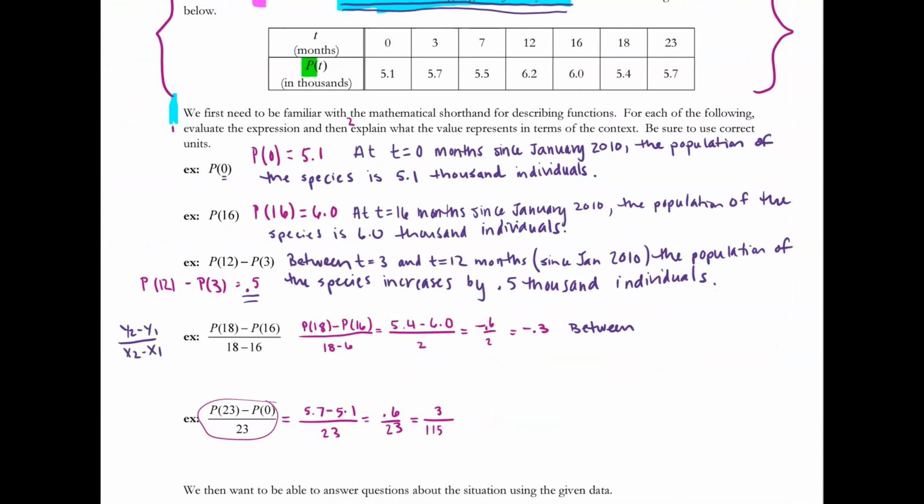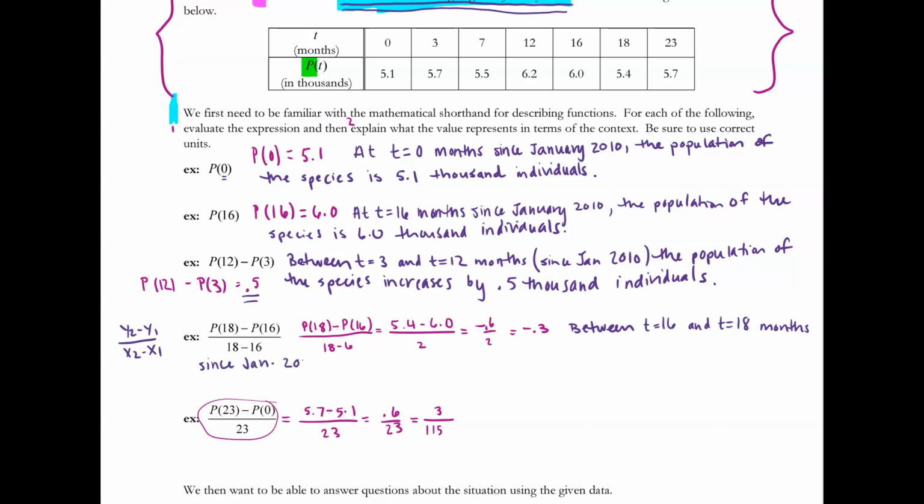So in context, it's between 2 points in time. So between t equals 16 and t equals 18. And then we've got to have units on that time. So our units are months, and specifically months since January 2010.